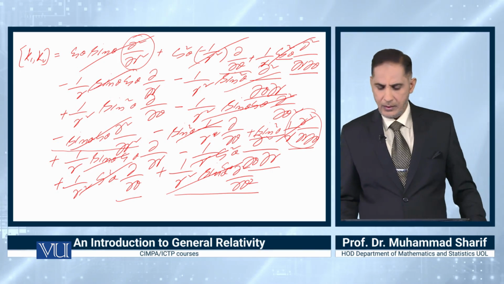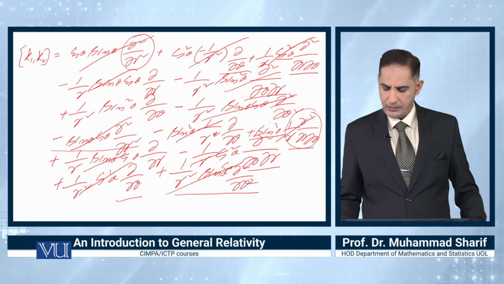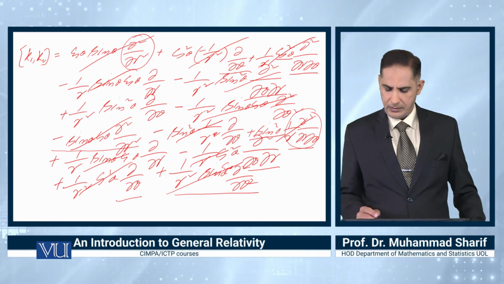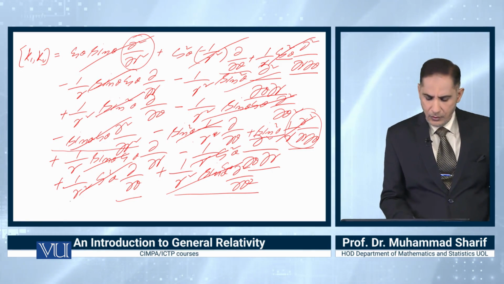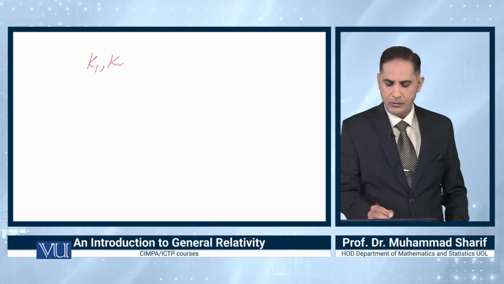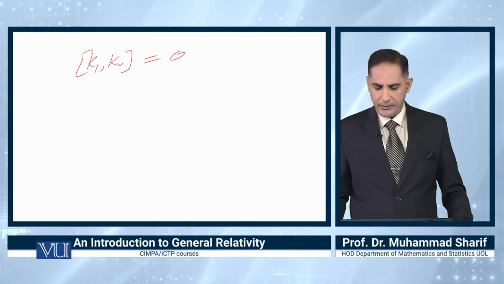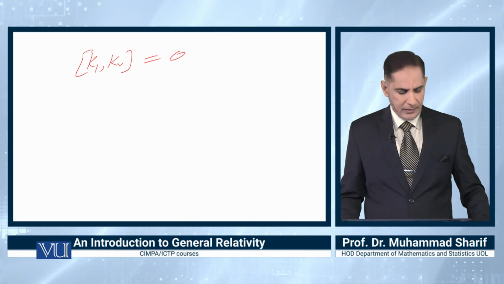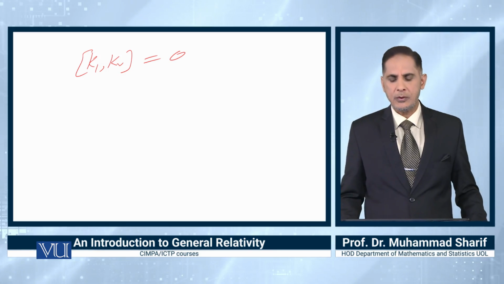And finally, we are left with partial by partial theta. There should be one term, I mean this with this. So we can conclude that this bracket is turning out to be K1, K2 is equal to 0. This is obviously an important result because we are saying that these two generators commute with each other.